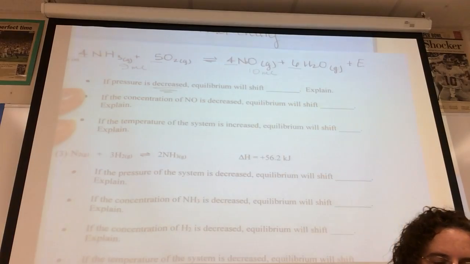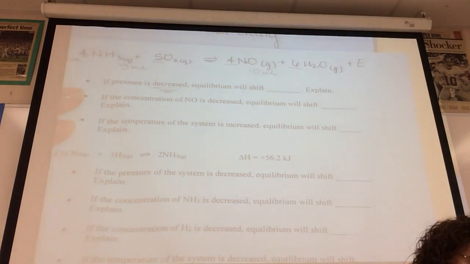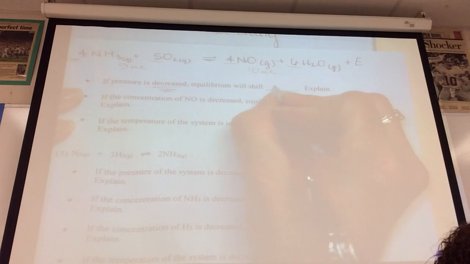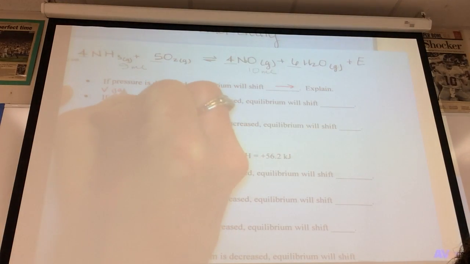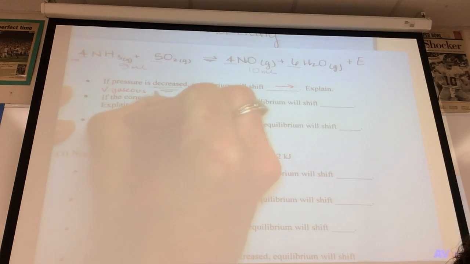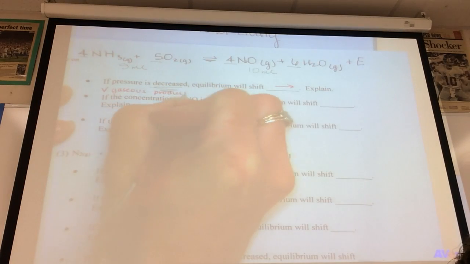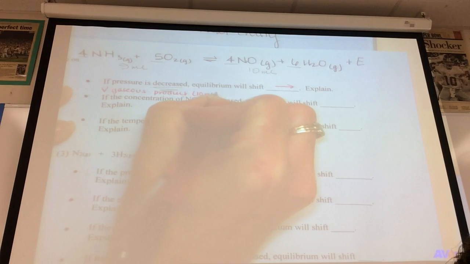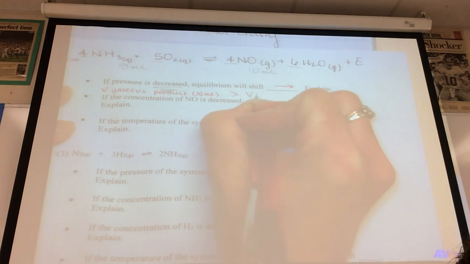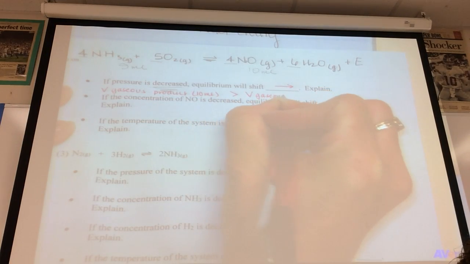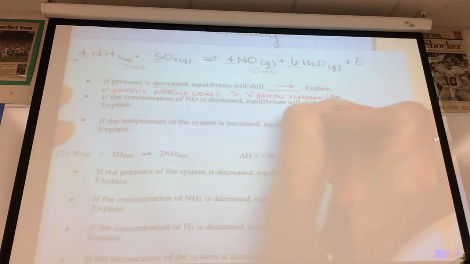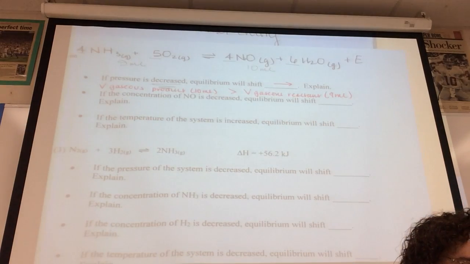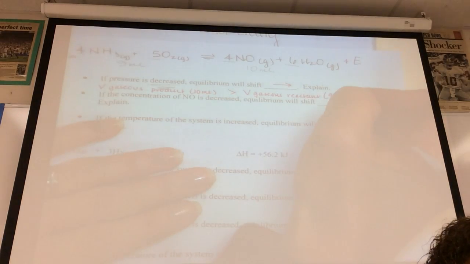If we decrease pressure, equilibrium will shift to the right because the volume of gaseous product, which is 10 mils, is greater than the volume of gaseous reactant, which is 9 mils, and we know that pressure and volume are inversely related.